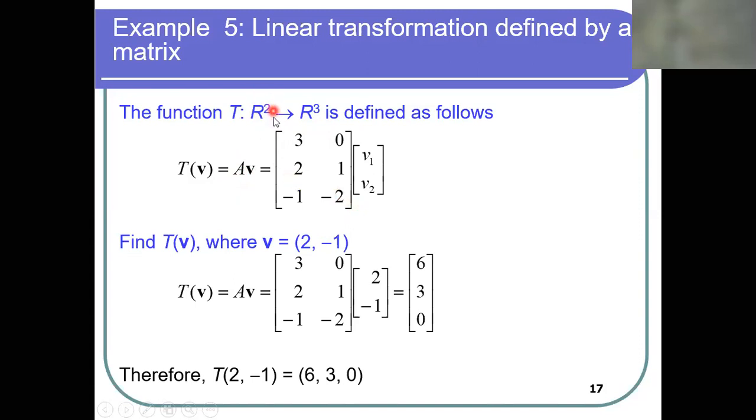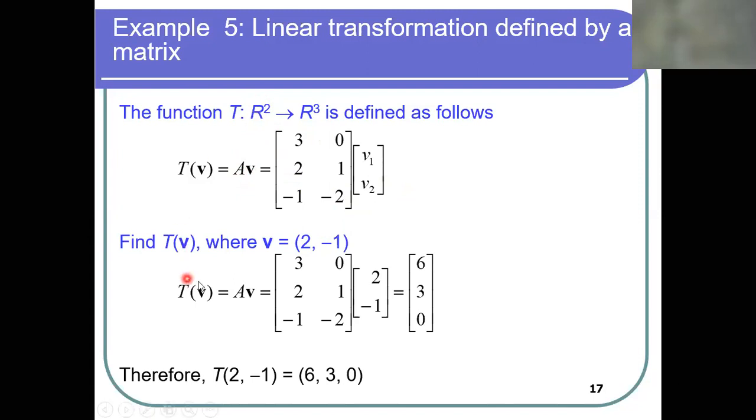The domain element will be 2 cross 1, because in R2 we have two tuples, meaning a column vector of order 2 cross 1.